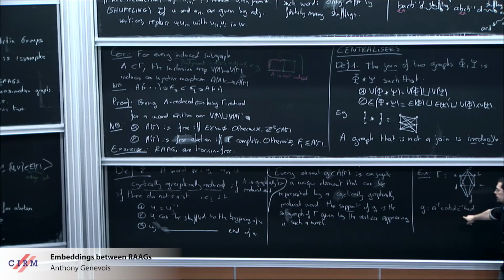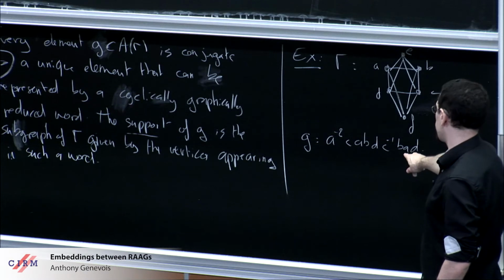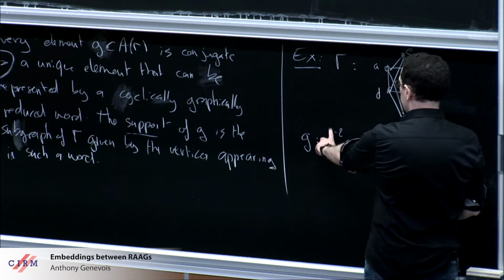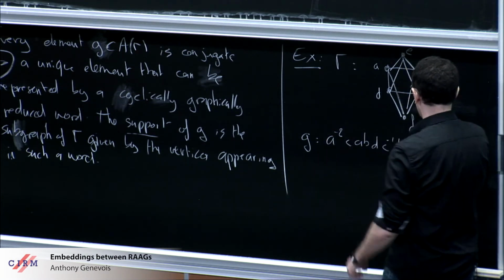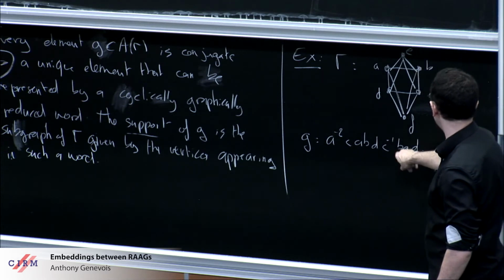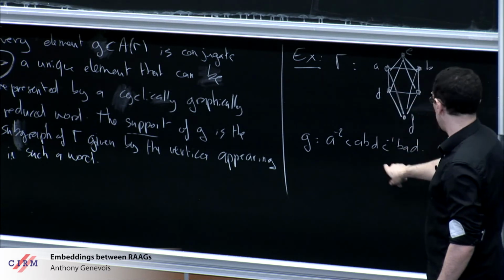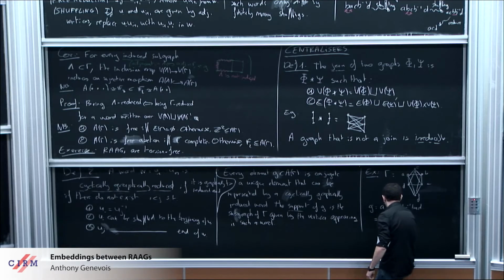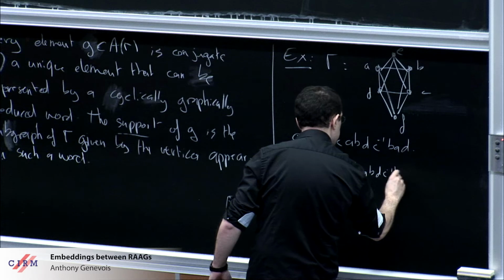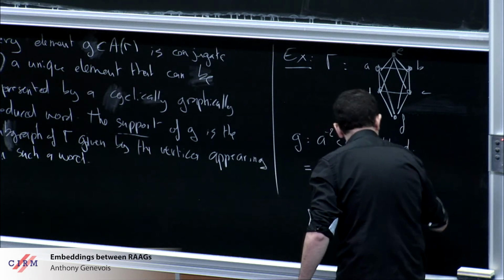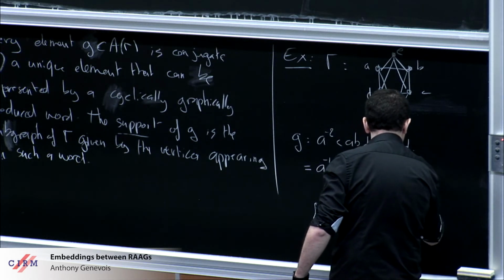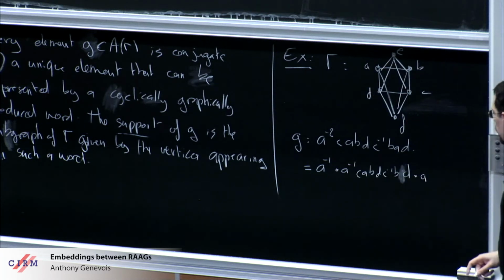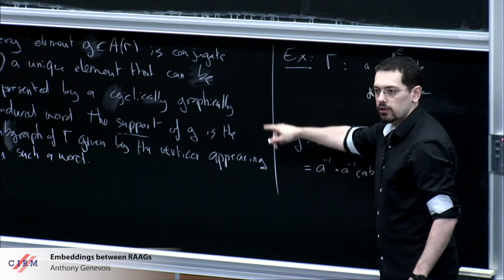Now the word is not cyclically graphically reduced because I have A minus 1 and I have A. I can switch A and D because A and D are adjacent, so it's not graphically reduced. So what I want to do is to write A minus 1 times A minus 1, C, A, B, D, C minus 1, B, D, times A. The equality is equality inside the group.